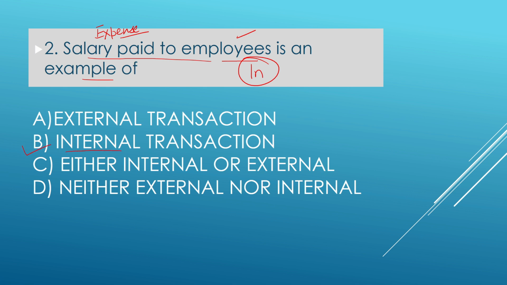So we can have two types of transactions, internal and external. When goods or supplies are sold to outsiders, to the customer, it will be external. Or when you are purchasing goods or supplies from outsiders, then it will also be external. But the salary paid to employees is an internal transaction because the employees are within the business organization.